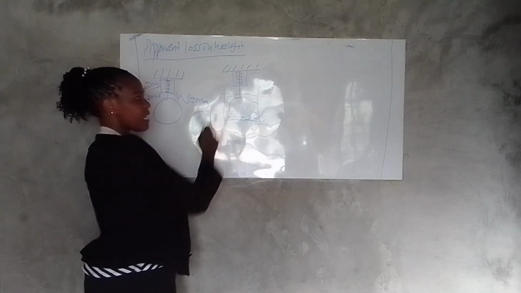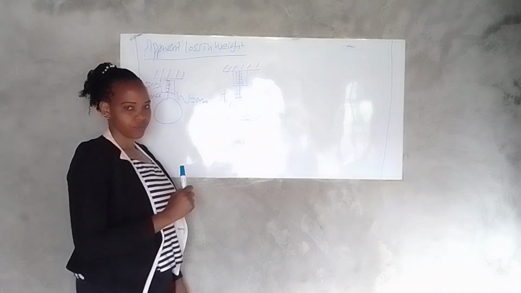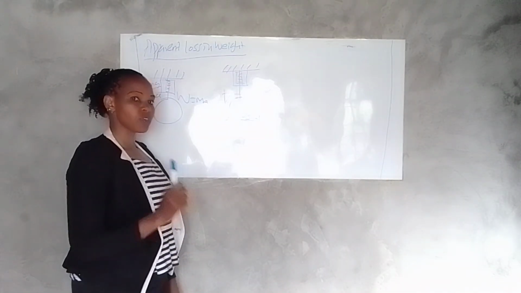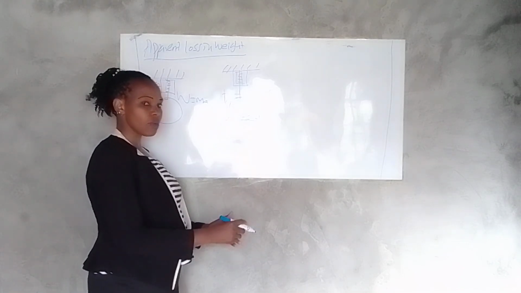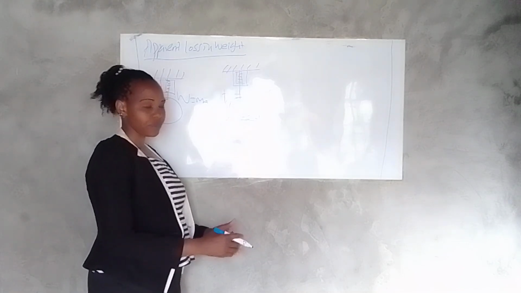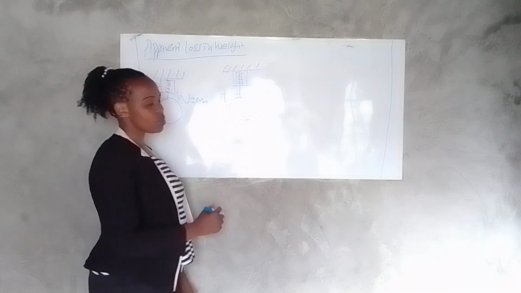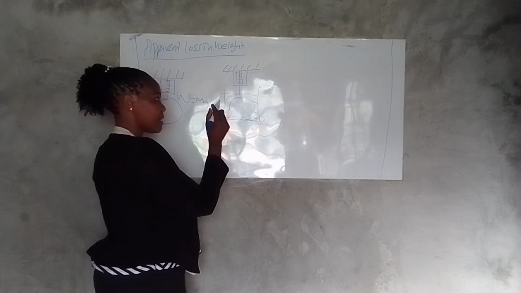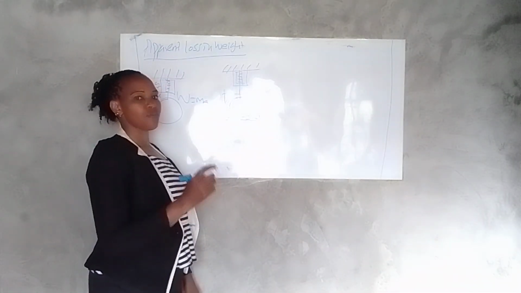So whatever the spring balance is reading is the resultant force. Remember from the last lesson, this is the weight mg acting downwards minus the upward force, the upthrust.